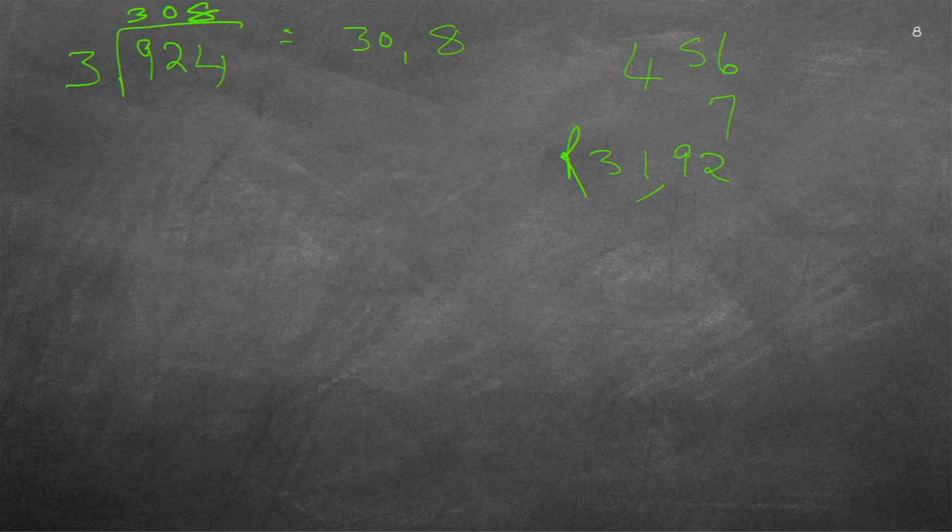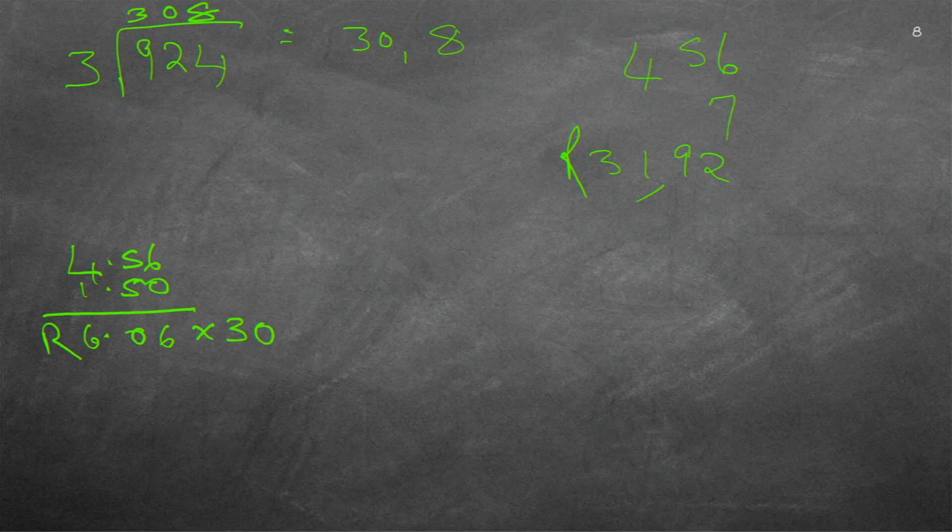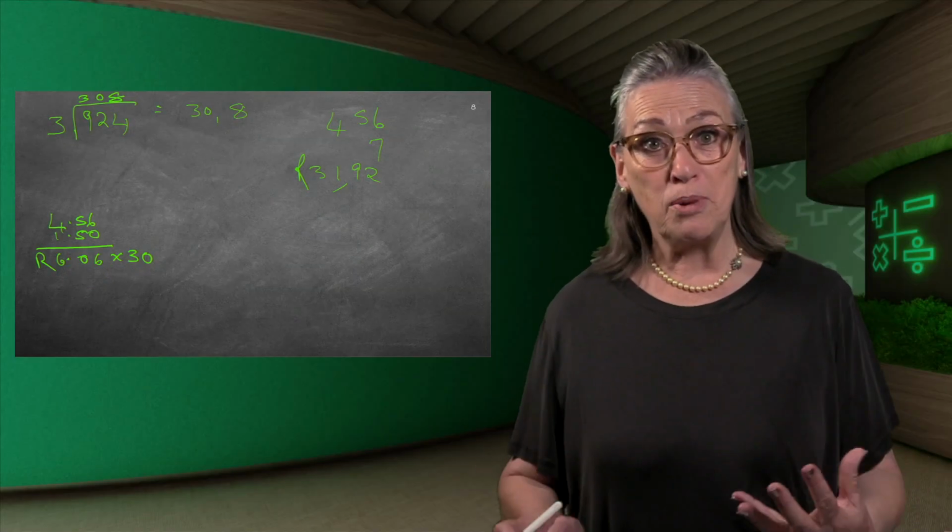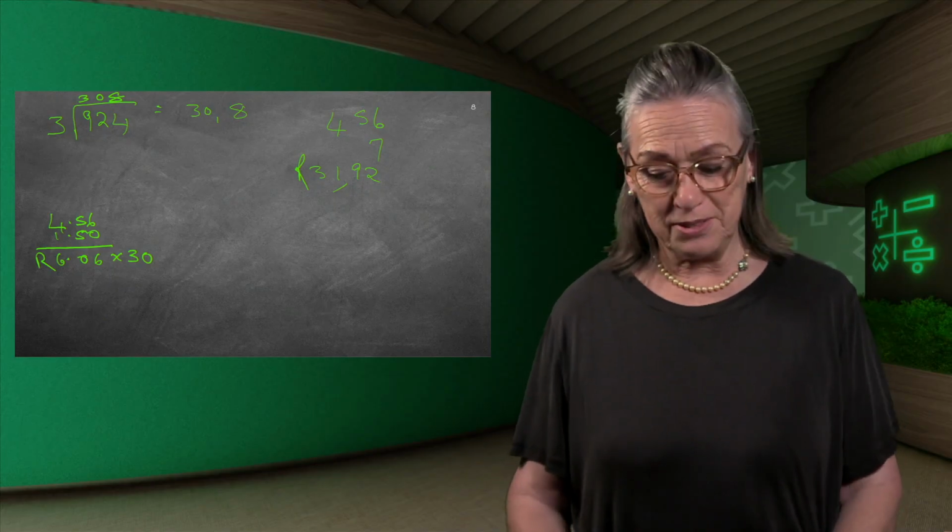Now let's do this. So it's 4.56 plus 1.50, and our answer is R6.06 is the new price, and we must multiply that by 30 litres. Now remember, one of our lessons we did is so easy to multiply with multiples of 10.